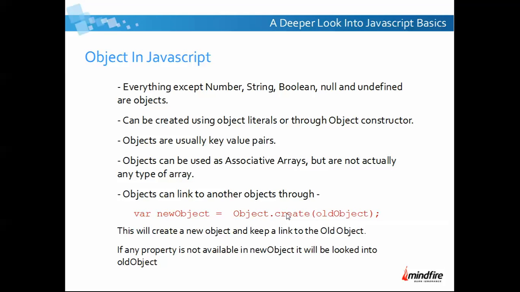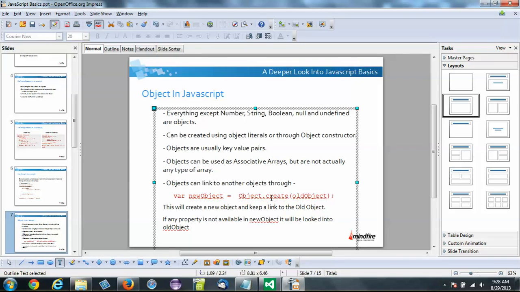So Object.create, this is the base of inheritance in object oriented JavaScript. So this will create a new object and keep a link to the old object. If any property is not available in the new object, it will be looked into the old object. So this is what happens in inheritance, that all the properties are inherited from the base class. So this is the same concept, and let's check this one.